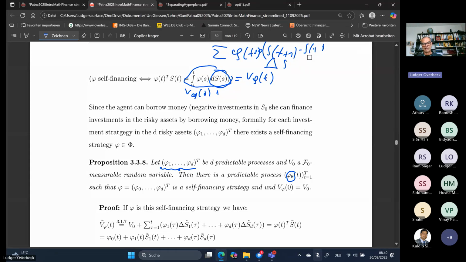That's also reasonable from an application point of view. I mean, that's only to answer the question, why do you use stochastic integrals in mathematical finance? Because you can always relate it to a self-financing strategy.